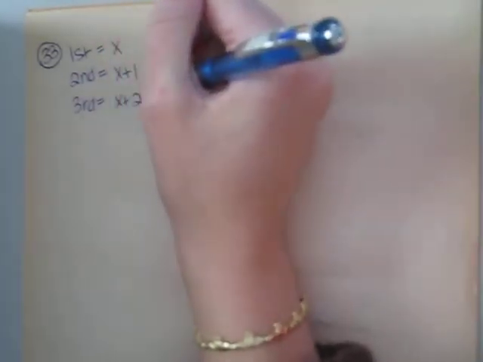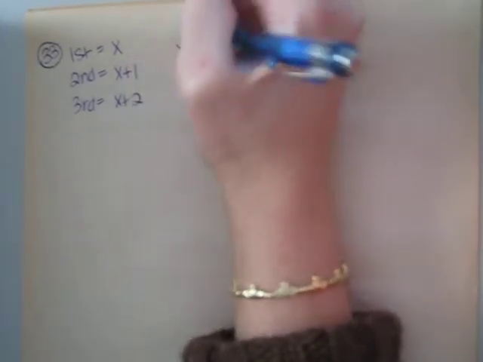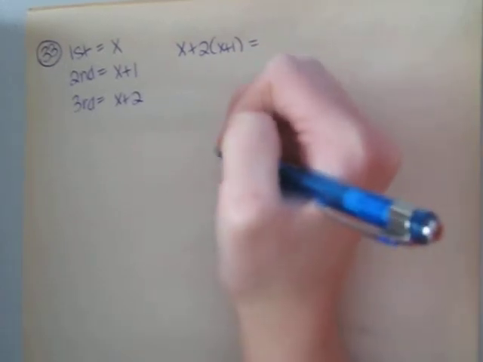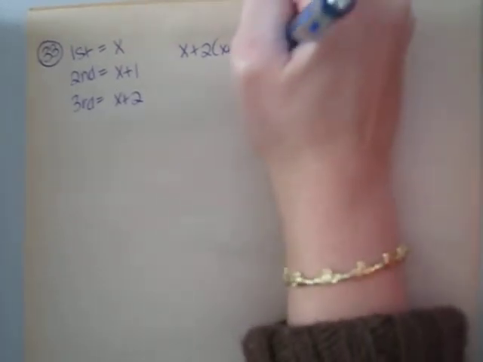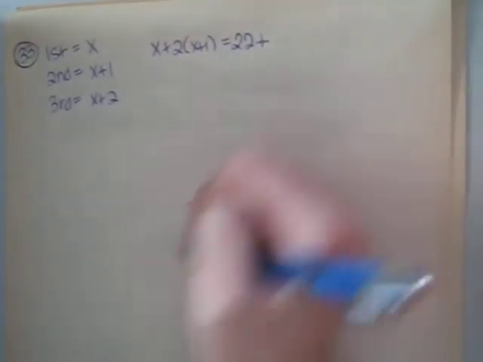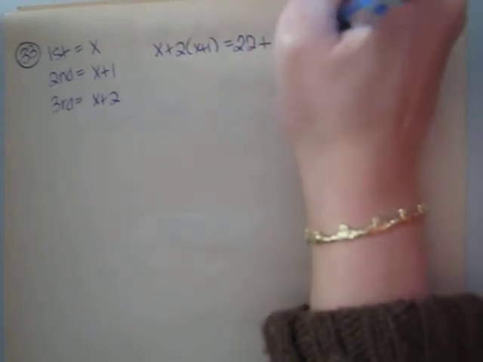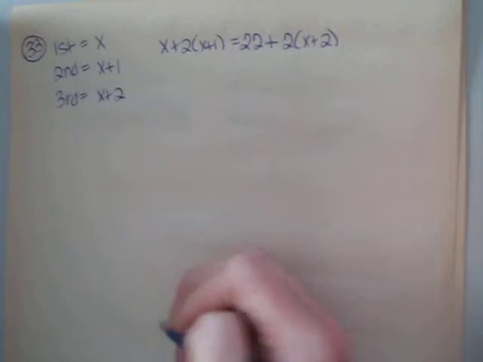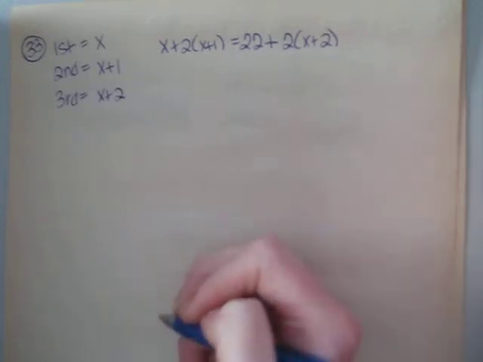Now let's go to the question. The sum of the first and twice the second equals 22 more than twice the third. So there we have now our equation. Now let's solve for x to then solve for the 3 integers.